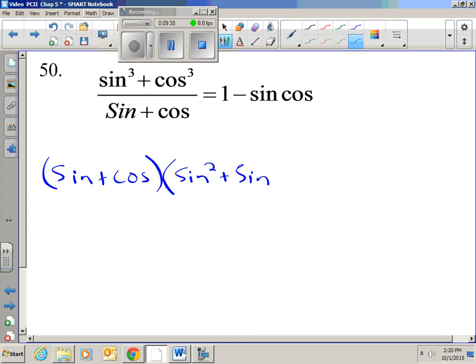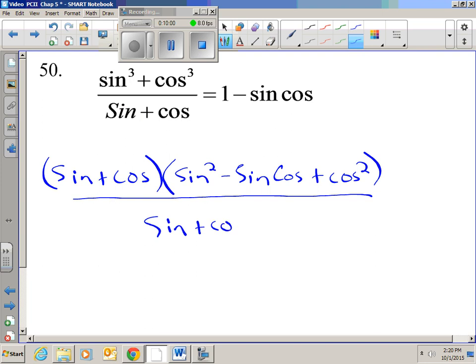I'm sorry, I take that back. Minus sine cosine plus cosine squared, okay, and all that is over sine plus cos, and this is equal to, still, 1 minus sine cos.